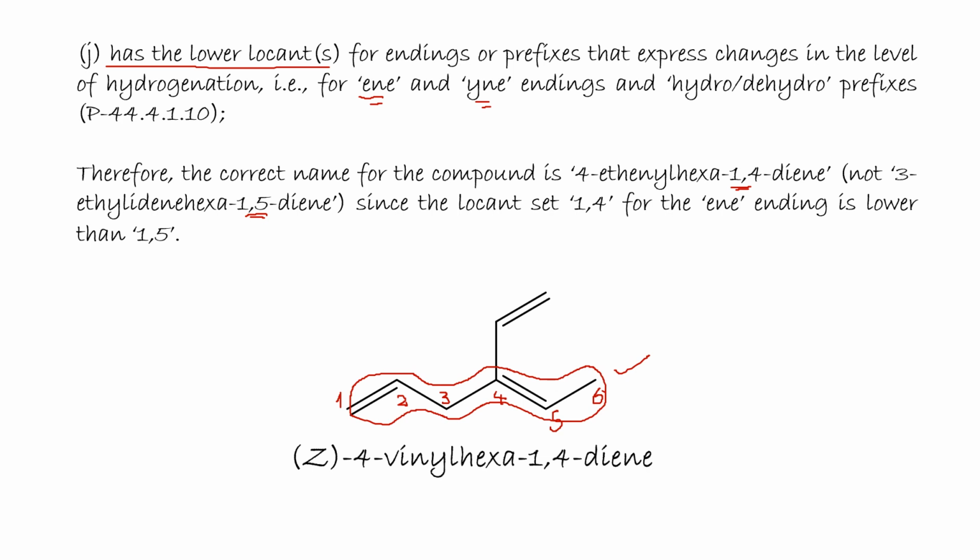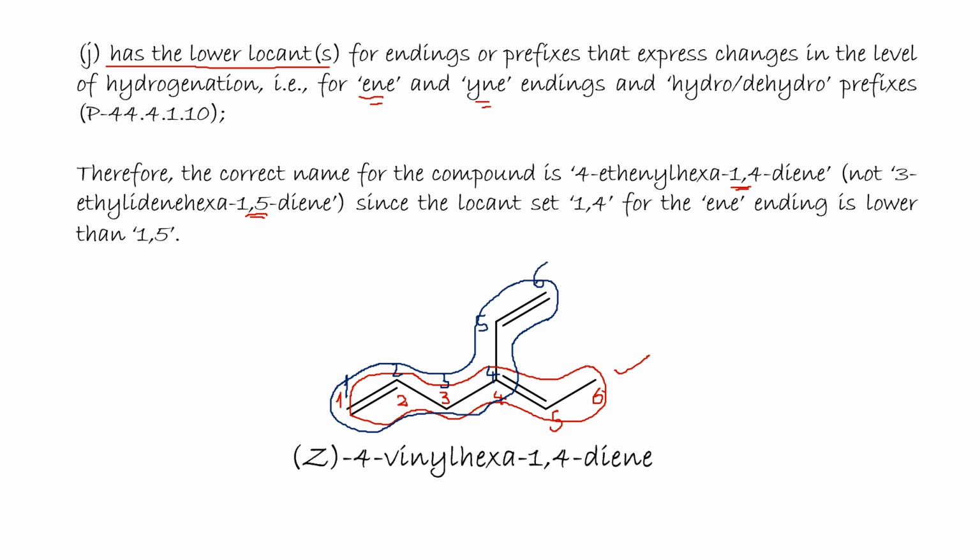But we can still look at 6 carbons this way, but if we select this chain, it will be 1, 2, 3, 4, but the double bond here is 5 and here is 6.